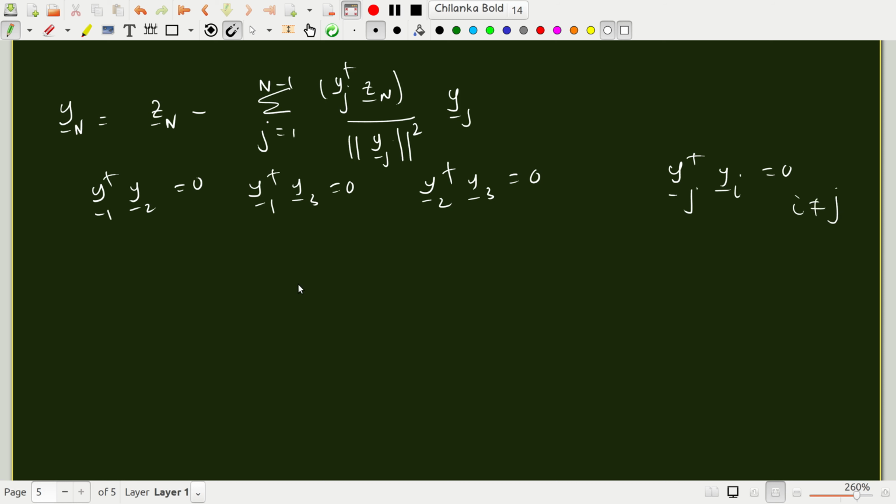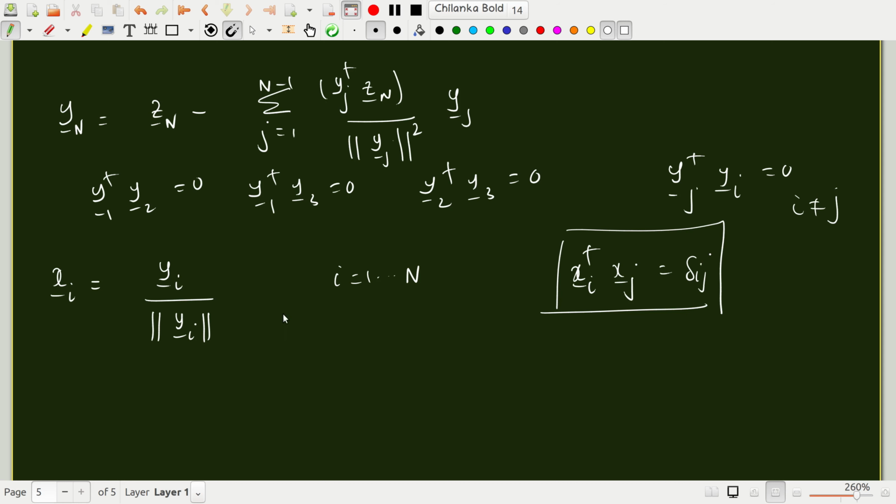We have to ensure also that if I take the inner product of this with itself, you should get 1. So we normalize by saying xi is yi divided by the norm of yi. If you do this for all the vectors, you will find that xi dagger xj is delta ij.